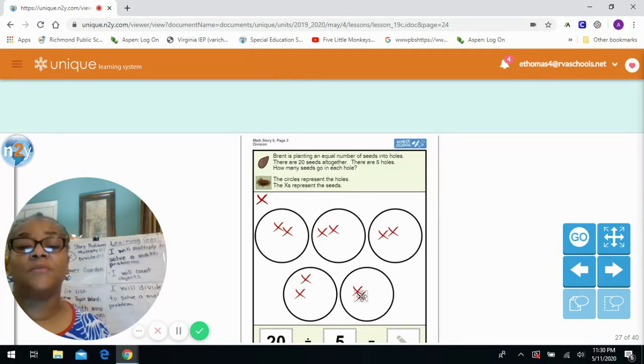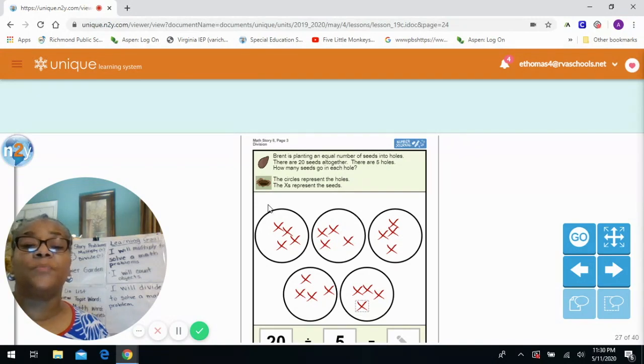And sometimes you have to draw your picture, show your work. This is one way of showing your work. When you work it out, you can draw what's needed, and then you can just put a tally mark in it, or you can use X's right here, or you can use beans or whatever you have. Now we're out. All right, we're out of seeds.